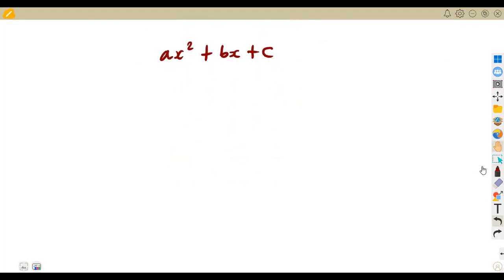So, considering this, I'm going to start with the easiest part, where a is equal to 1. So we're going to consider factorization of these quadratic trinomials, on the condition that our a in this case is equal to 1.